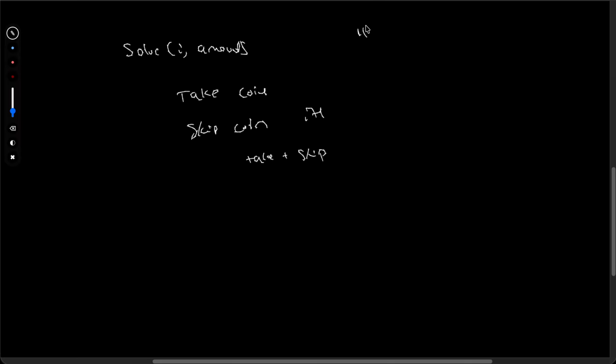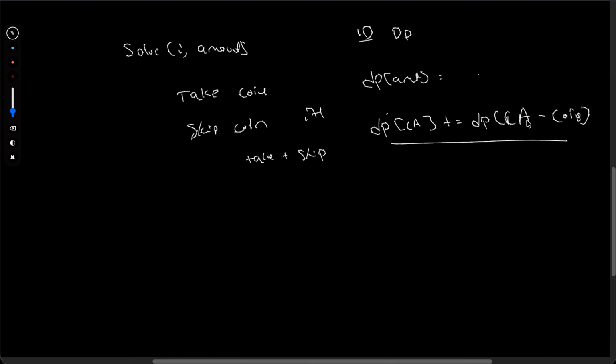The idea is dp of amount, ways to make the amount, and loop coins first, then amounts. The recurrence is dp of current amount plus equal to dp of current amount minus coin.